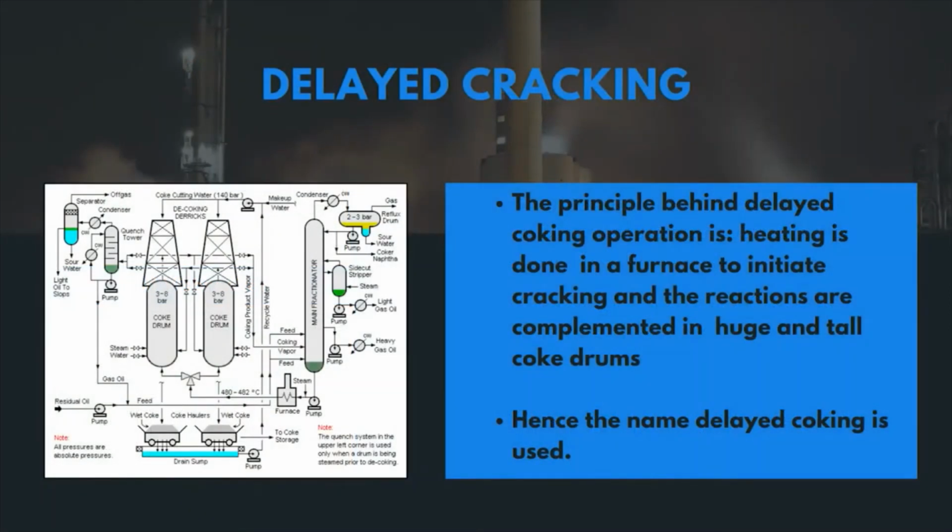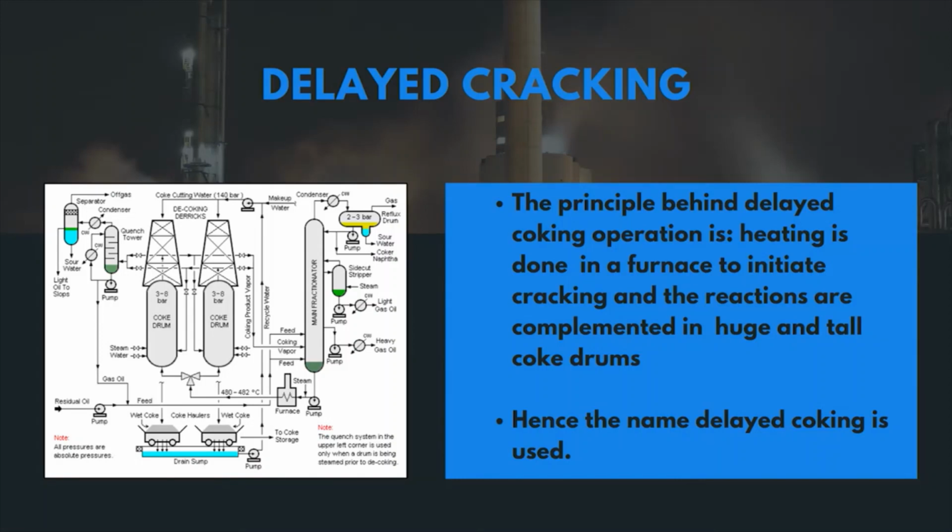Then the most popular cracking mechanism is known as delayed coking. The principle behind this operation is that heating is done in a furnace to initiate cracking, and then the reactions are completed in huge and tall coke drums. So, what does it mean?